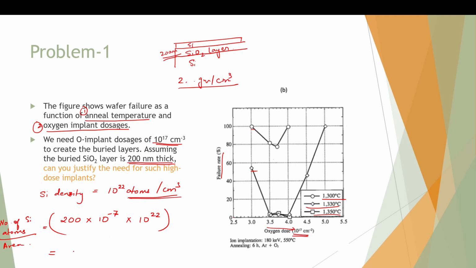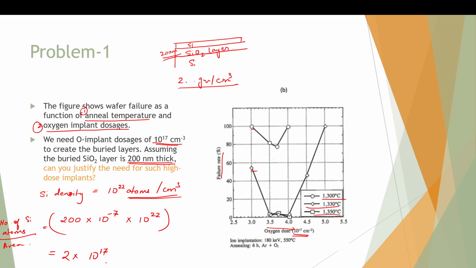So that will be nothing but 2 into 10 to the power 22 times 10 to the power minus 7 times 200, so 24 minus 7. How much is that? 17, I guess.